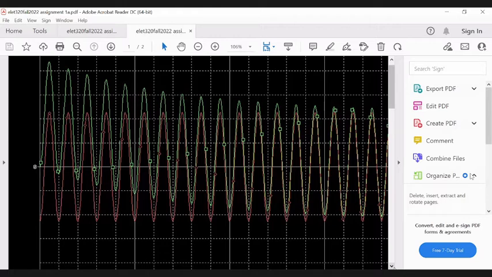The green graph is V out of T, the simulated V out of T. What's the red graph? The red graph is our calculated theoretical sine wave. And what do you notice? They're not quite the same. Initially, they're not the same.